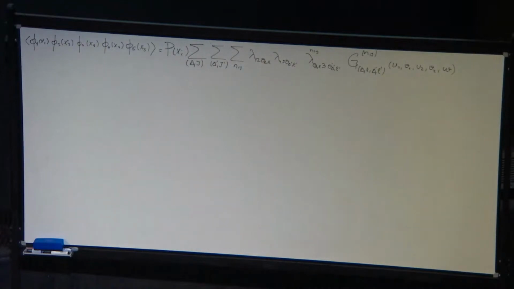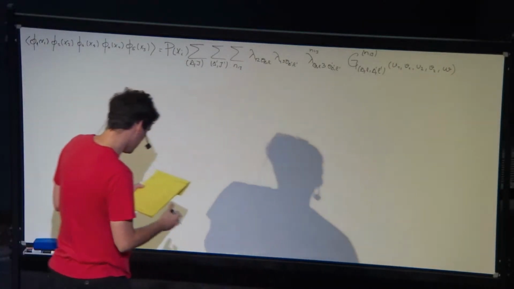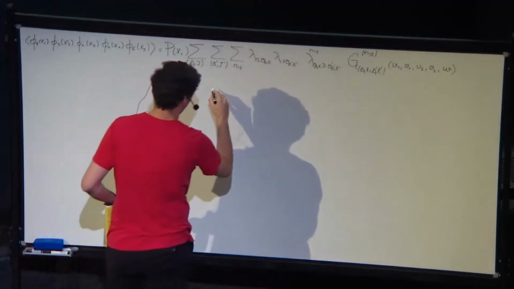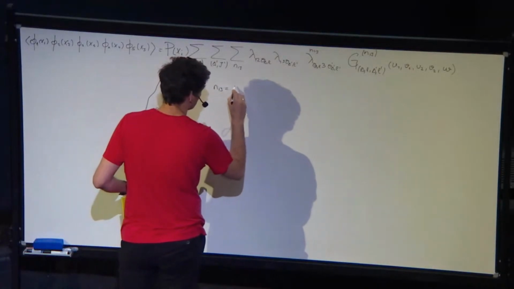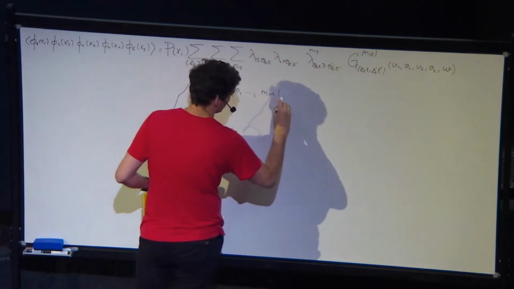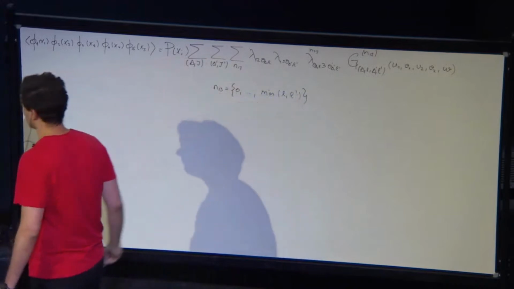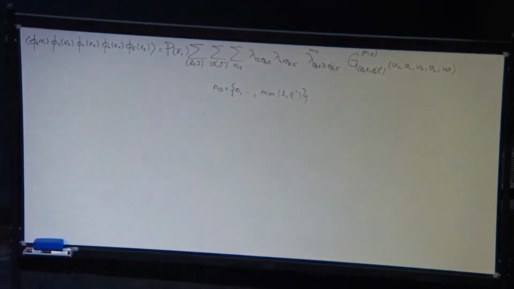So in d greater than 2, 5-point conformal blocks depend on 5 cross ratios. And so in this sum, Nij goes from 0 to the minimal value of L, L prime. And the reason for having this sum is that here you really have a 3-point function of the following form.